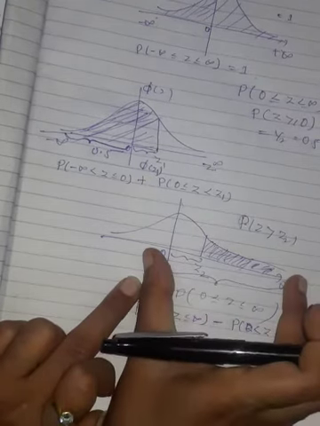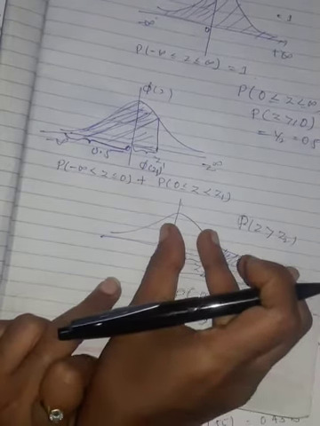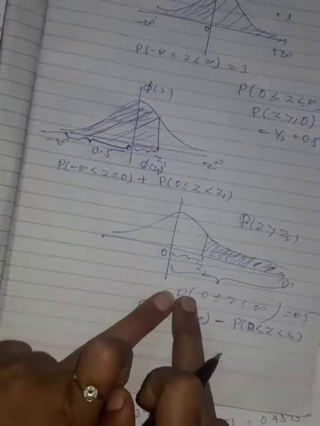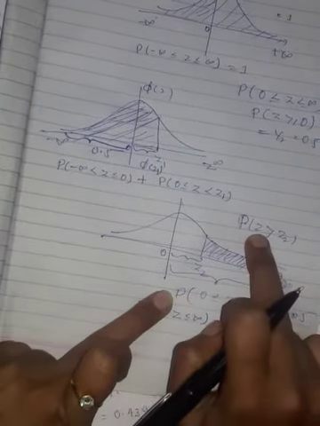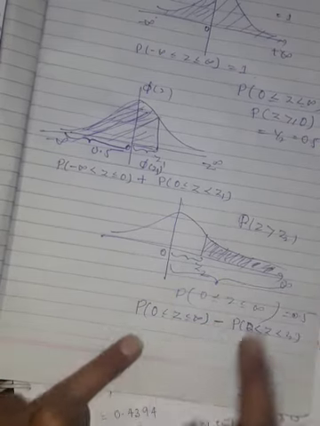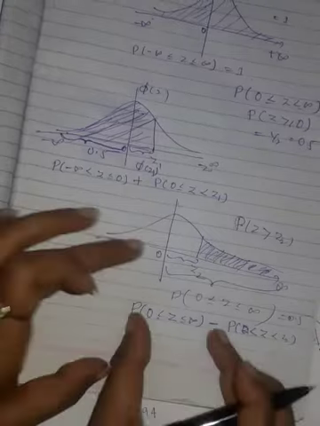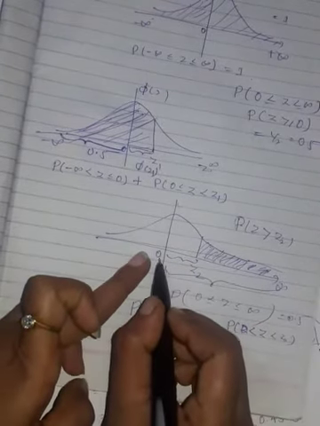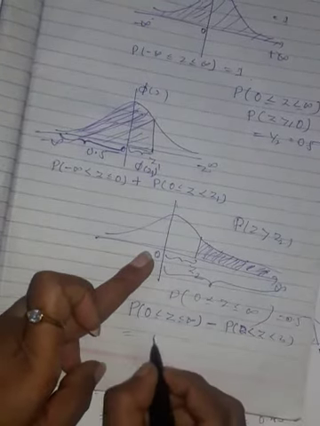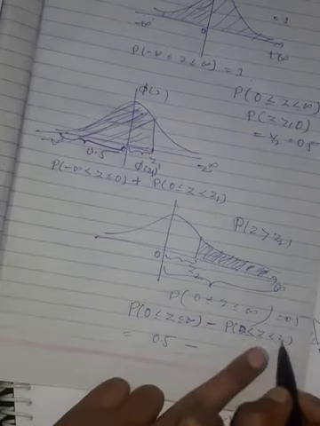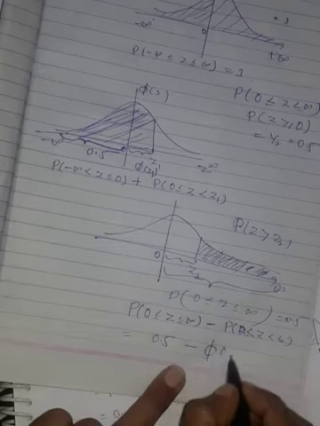This total area minus this area will give us the required area. So probability when z is greater than z2 can be written like this. As we know, the whole area, that is probability from 0 to infinity, is nothing but 0.5, and probability from 0 to z2 can be written as pi of z2.